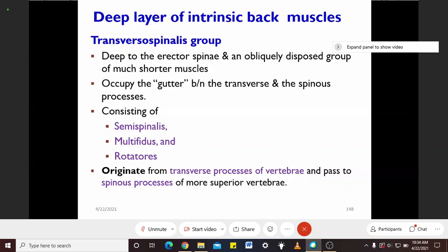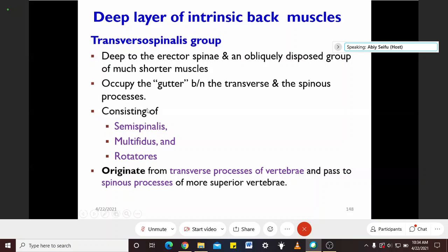Now let's see the deep intrinsic layer, which is commonly called the transversospinalis muscles. It is found between the transverse process and the spinous process, deep to the erector spinae group, the intermediate ones.